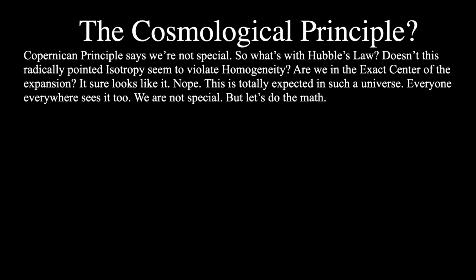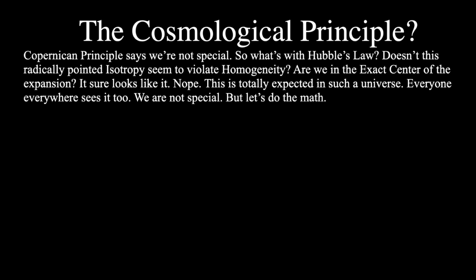And in fact, no, that is exactly the opposite conclusion you should draw. Because if we are not at any special place, then this is exactly what you should see in a homogeneous universe that's expanding uniformly. So if we see it, then it doesn't matter where we are. If we were 200 million light years to the right or left or up, we would still see this.